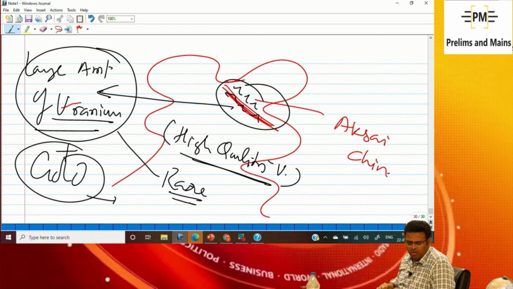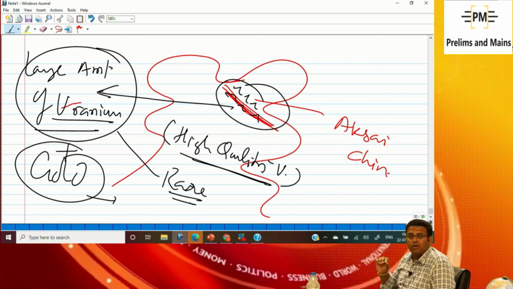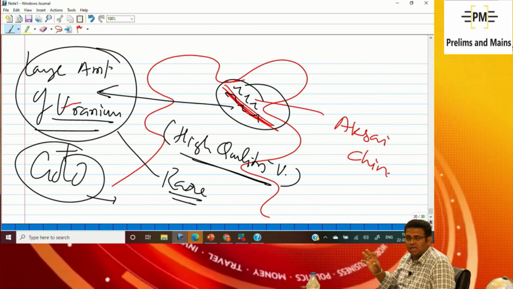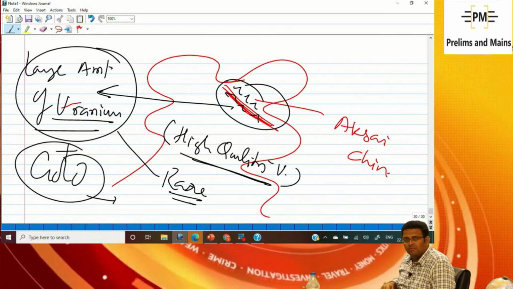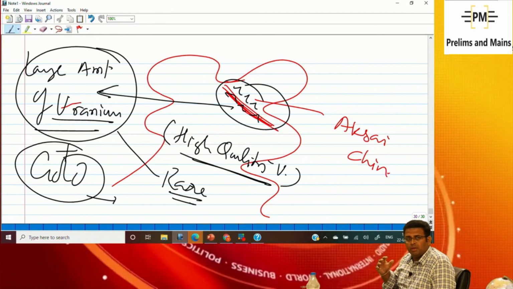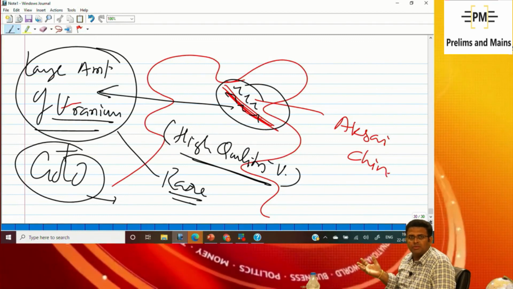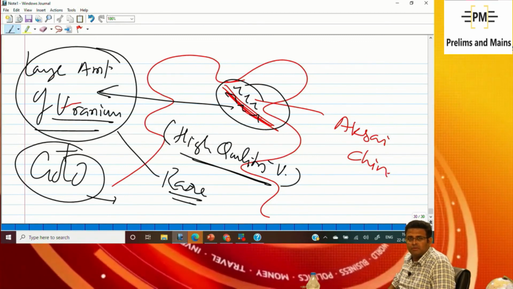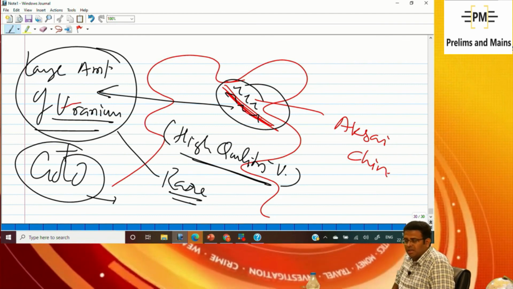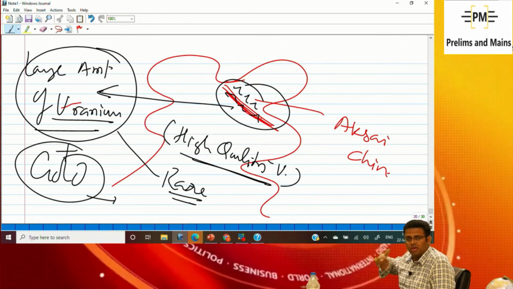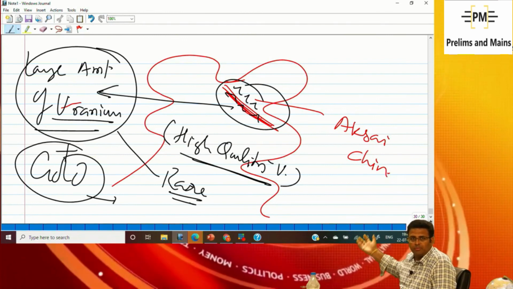Galwan Valley has a high amount of uranium, and I said that its quality is better than that of Jharkhand and Kadapa. Probably it will be one of the largest reserves India can have. How can India leave it? India is fighting to take uranium as nuclear fuel from other countries.